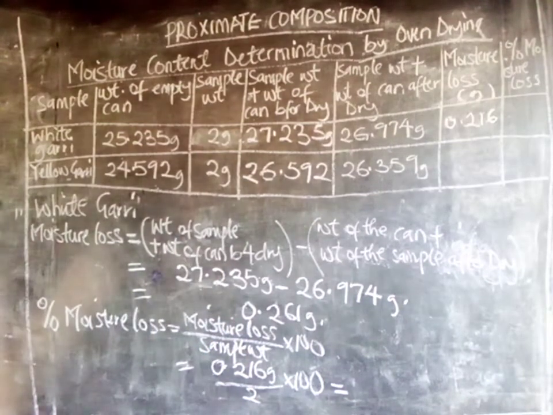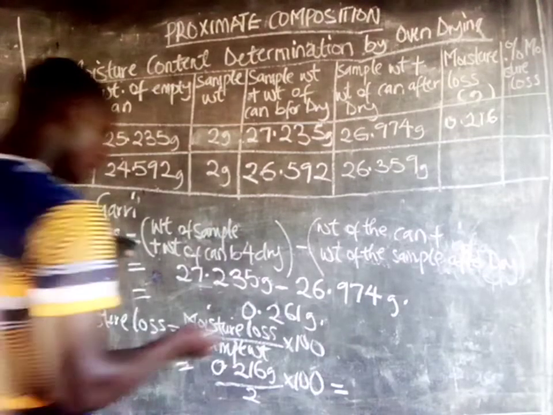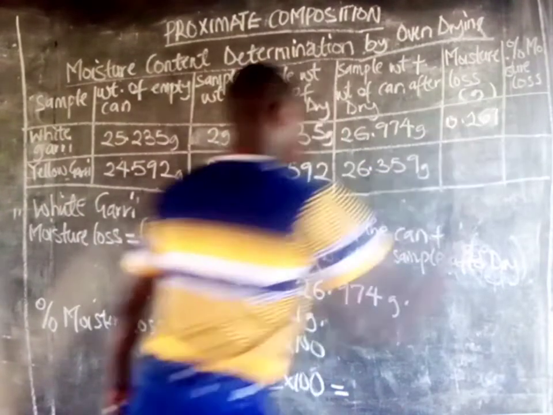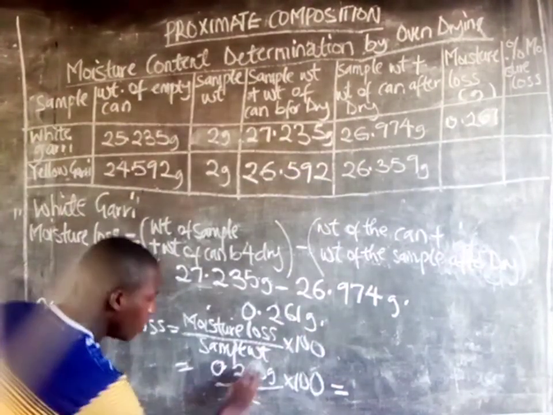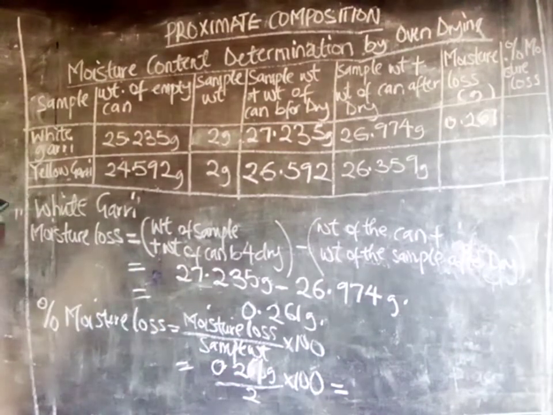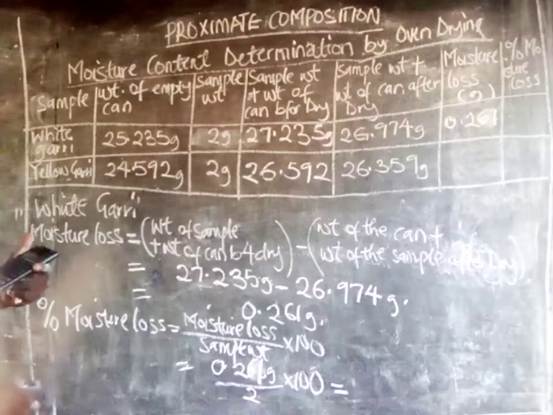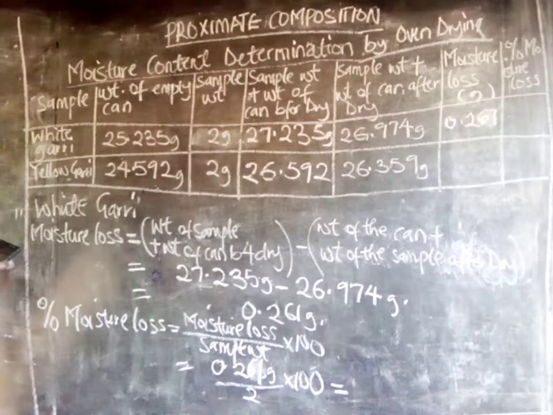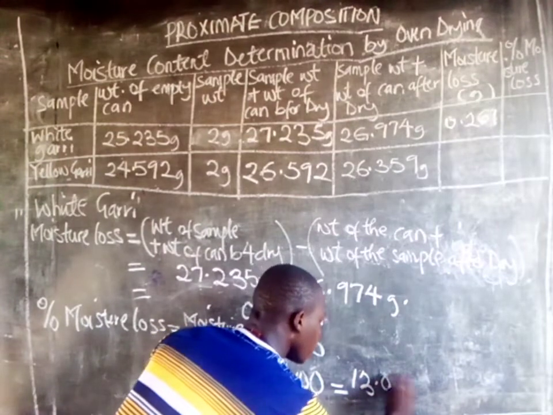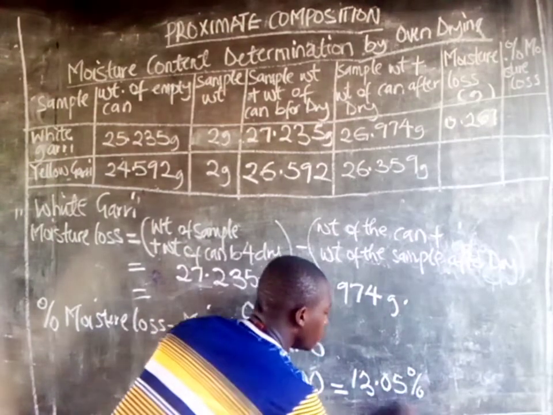So we had 0.261 divided by 2 times 100. Now we had it to be 13.05%.